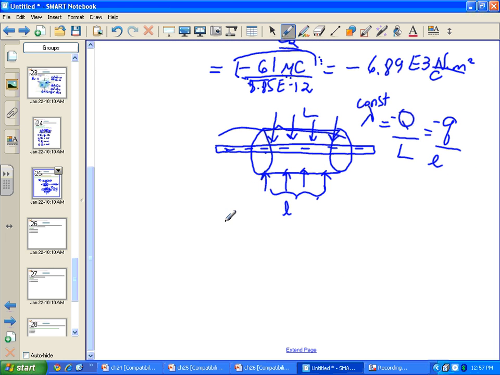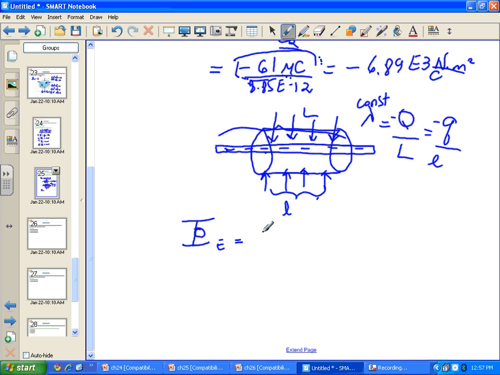And so if we ask ourselves, what is the flux through this Gaussian cylinder? The answer is, okay, what is the Q which is inside?